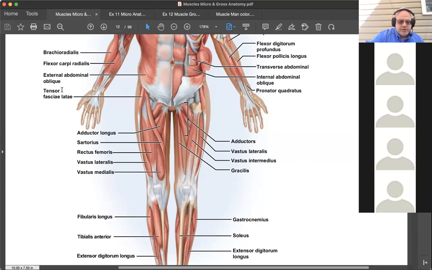The TFL, tensor fasciae lata, you see here a little bit. This is a relatively small muscle, but it's important in standing and gait and keeping the knee locked in position when you're standing for long periods of time. The tensor fasciae lata is more anterior. The gluteus maximus attaches to this more posterior.